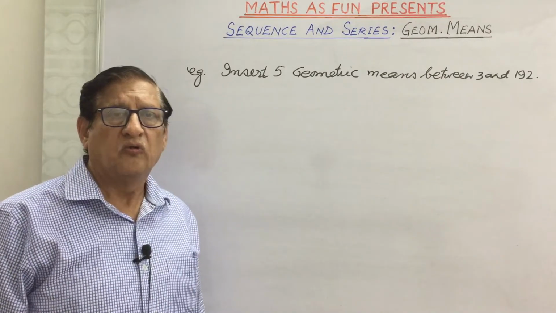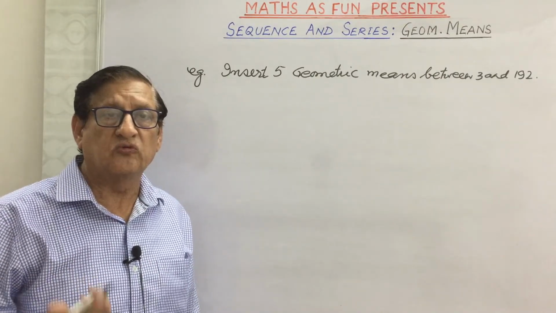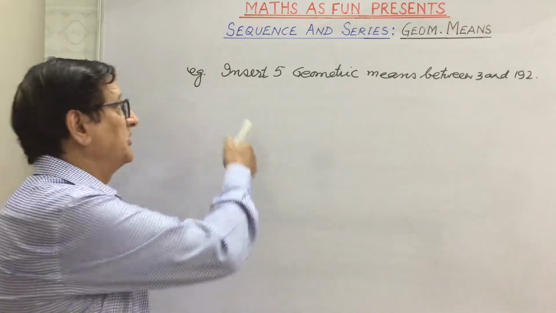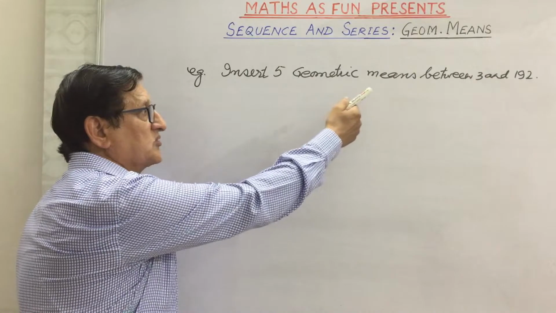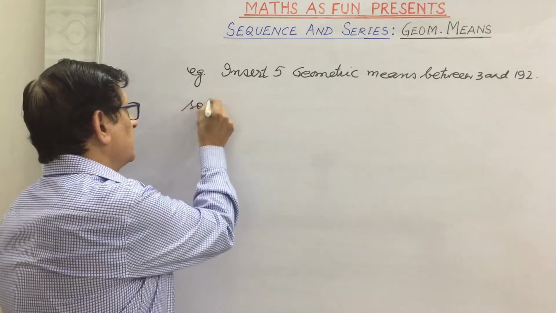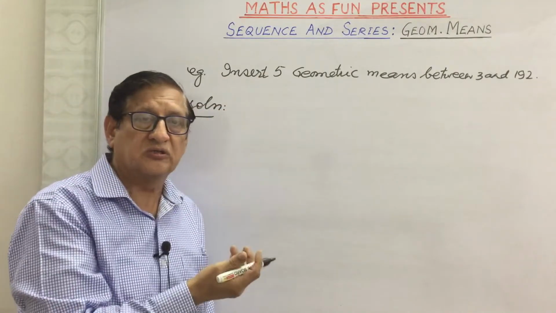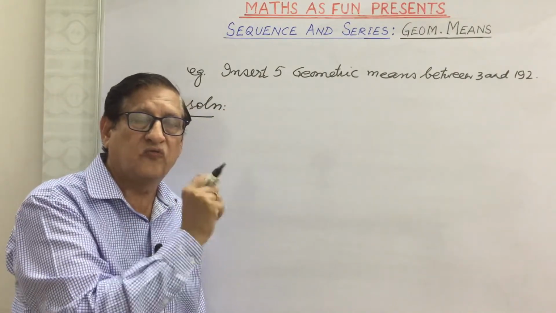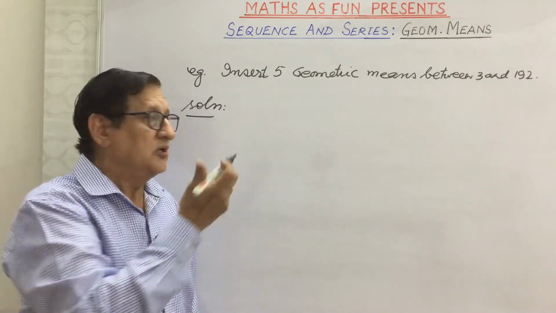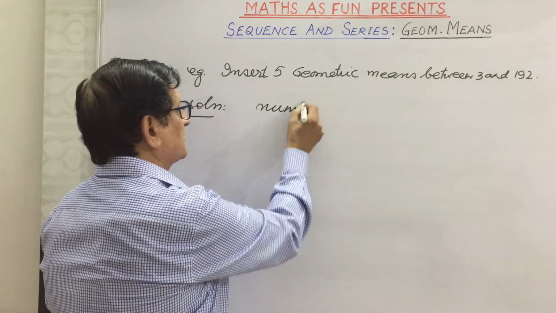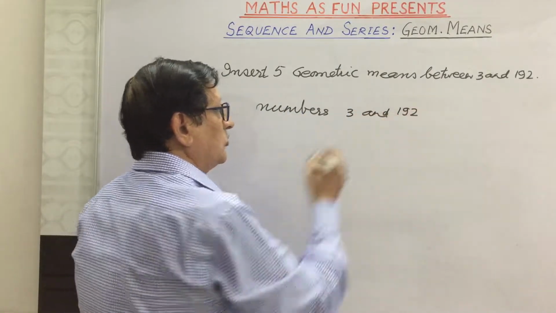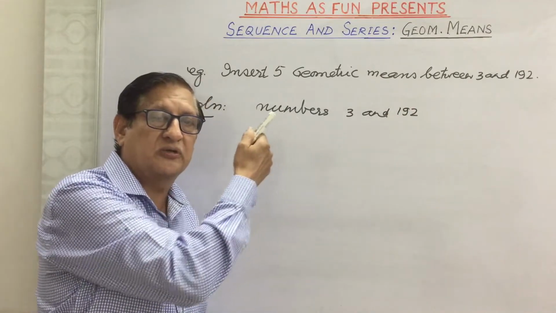We now discuss one example on inserting more than one geometric mean between two given numbers. The problem is: insert 5 geometric means between 3 and 192. To find the solution, we will follow the same procedure we have learnt to find n geometric means between two given numbers. The numbers given to us are 3 and 192, and we have to insert 5 geometric means.